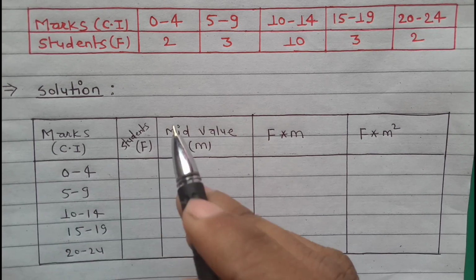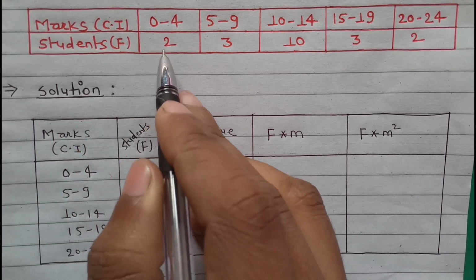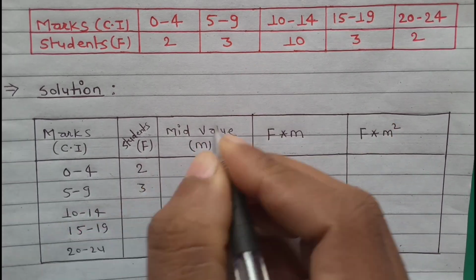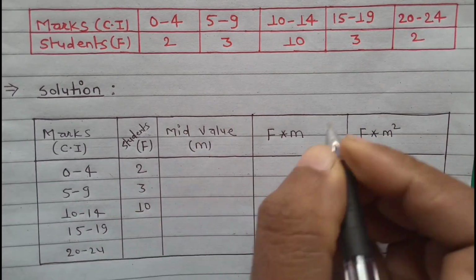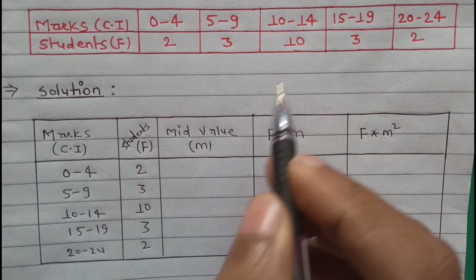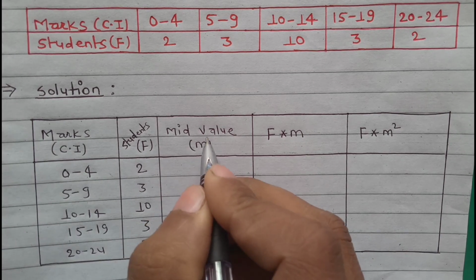Okay? So this one is the students F, which is called frequency. The frequency is given as 2, 3, 10, 3, 2. So I'm writing this frequency in this table. Now the mid value. How to calculate the mid value?